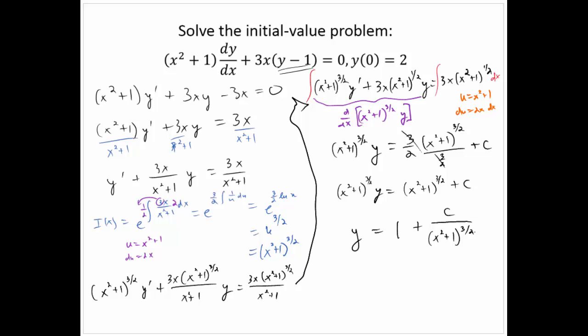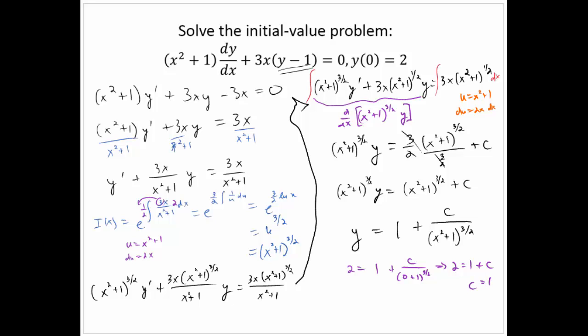Now y of 0 is equal to 2. So 2 would equal 1 plus c over 0 plus 1 to the 3/2. So 2 is equal to 1 plus c, and c is equal to 1.